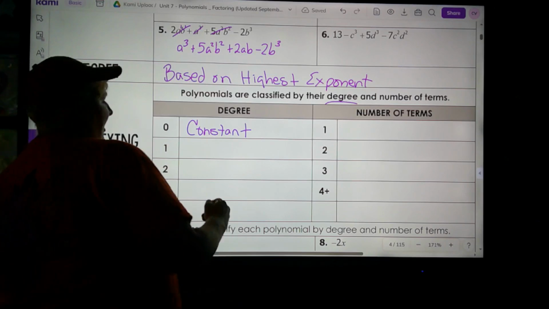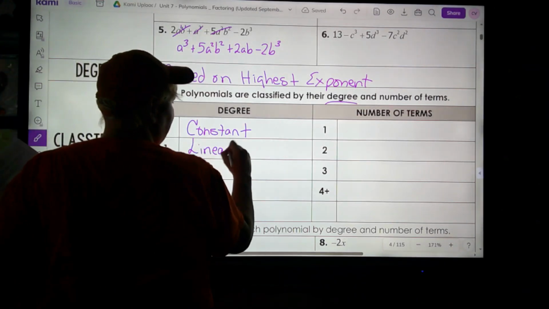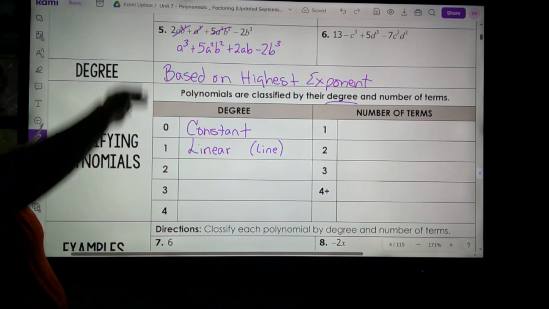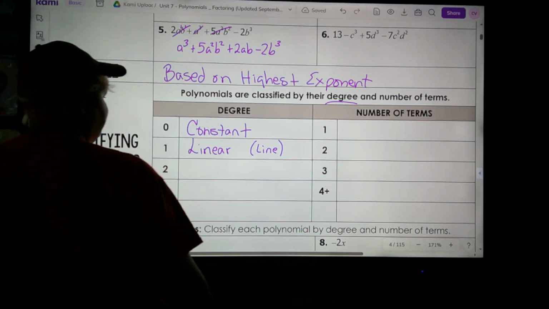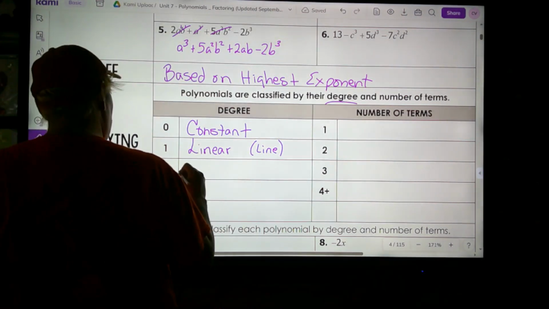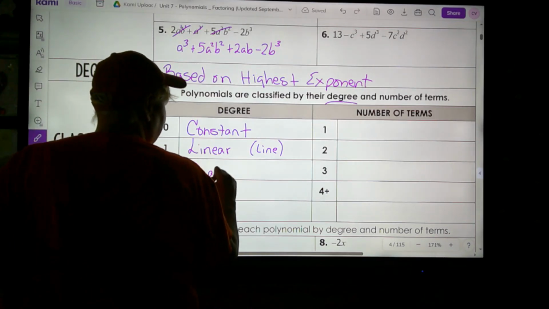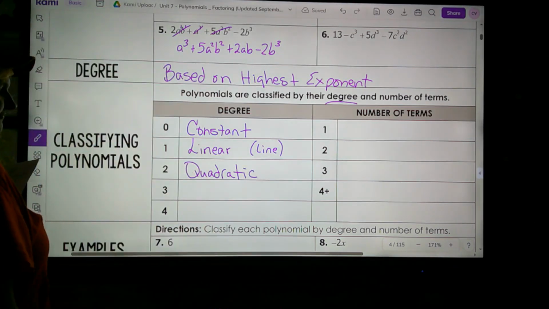Then we have the highest exponent being 1. That's a linear equation, right? Linear meaning it's going to make a straight line. X and Y, right? Linear equations. If your highest exponent is a 2, it's a quadratic.